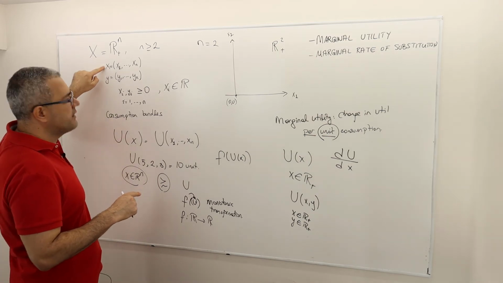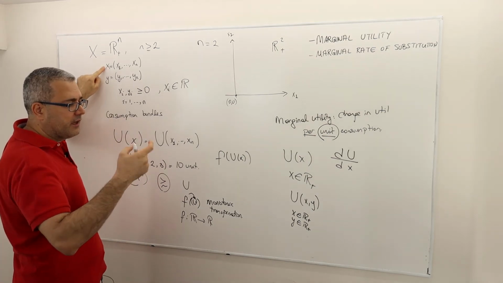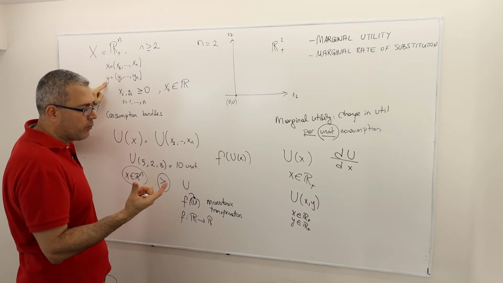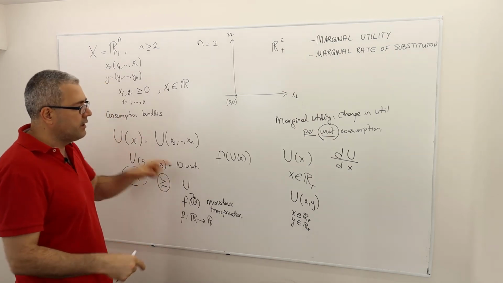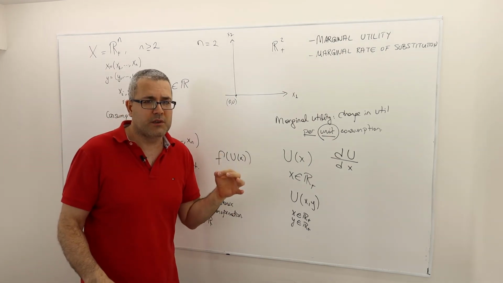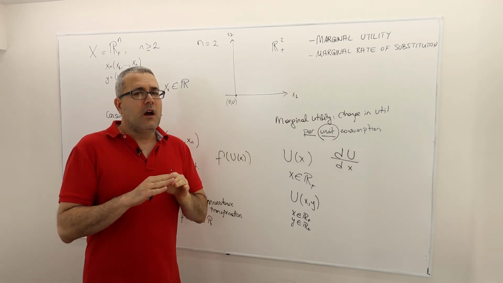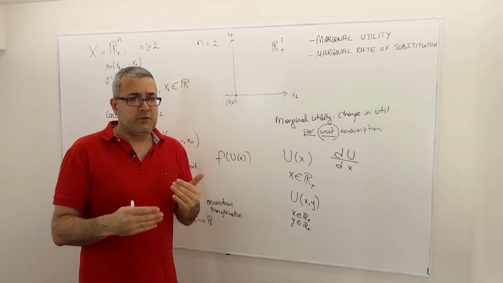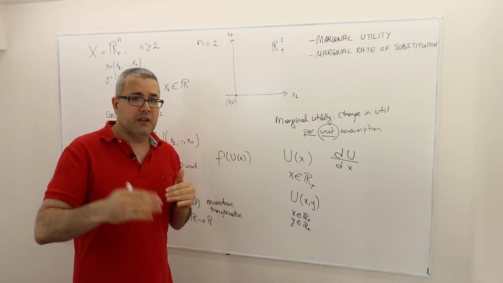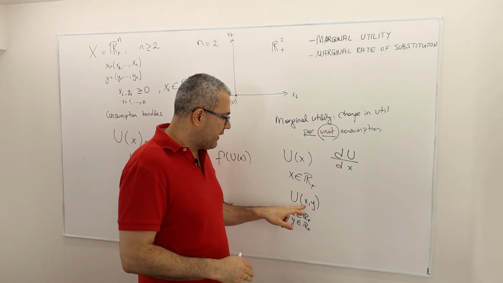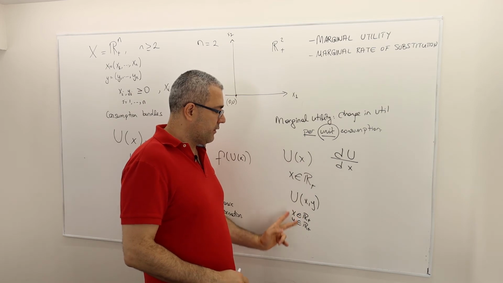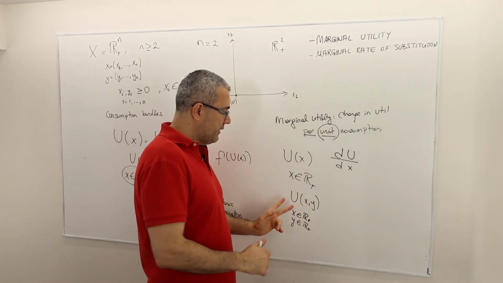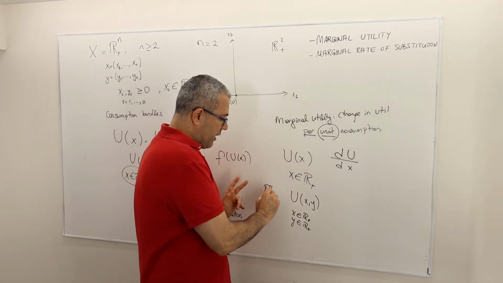Sometimes I denote x as a vector itself, like an n-dimensional vector, and same for y. But other times I denote x and y as real numbers. So be flexible about playing with the notation, and be careful about all these. So x is a real number, y is a real number, therefore my utility is defined over R squared plus.